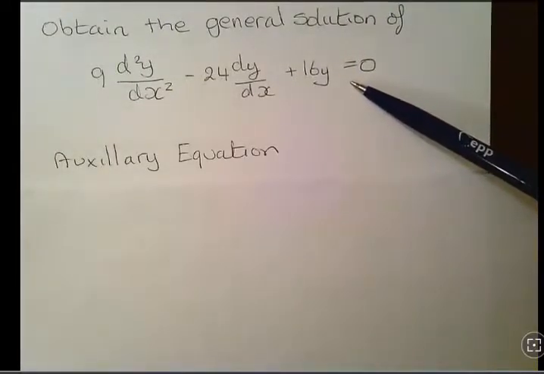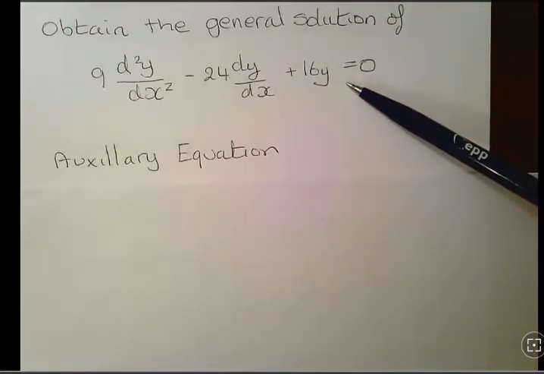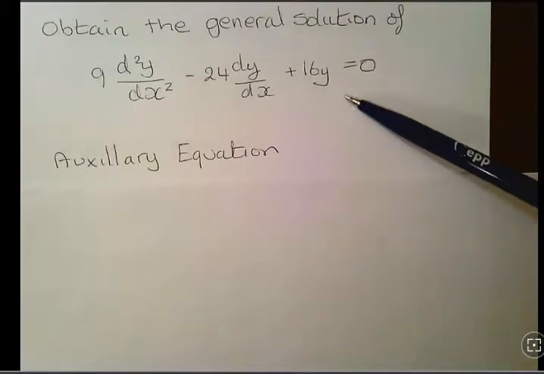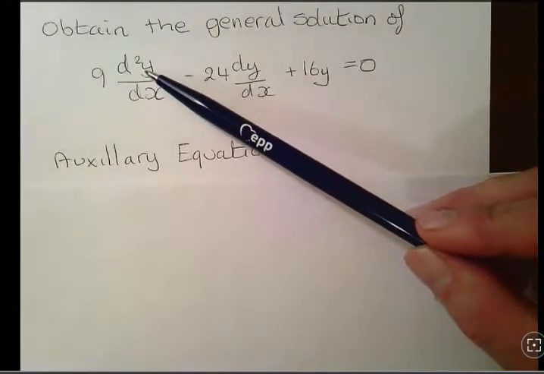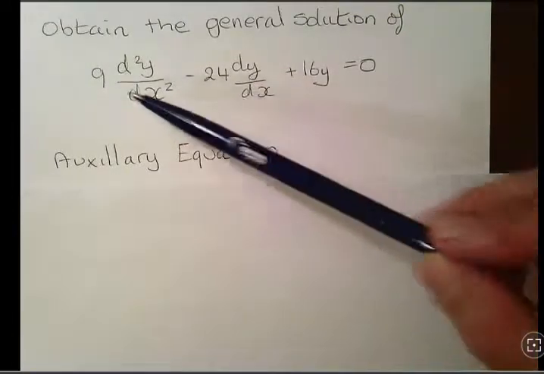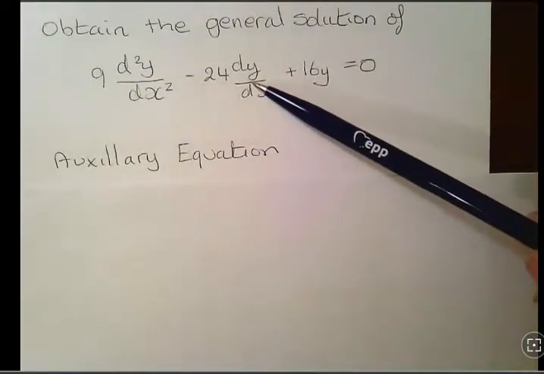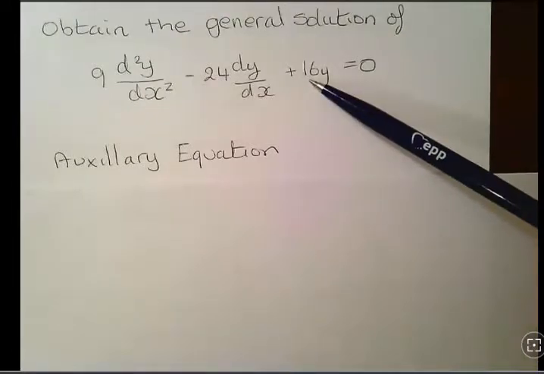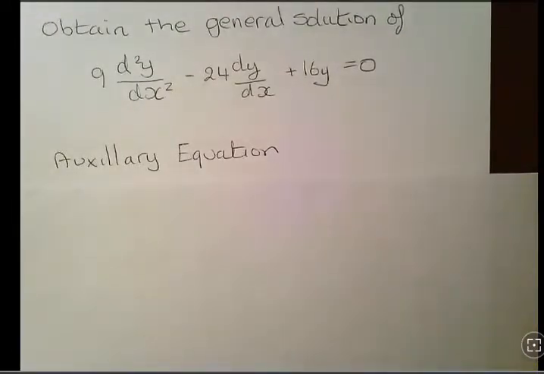As always, the first thing we do with these sort of equations is to set up the auxiliary equation. So we have d squared y over dx squared minus 24 times dy over dx plus 16y, with 9 as the coefficient of the second derivative.